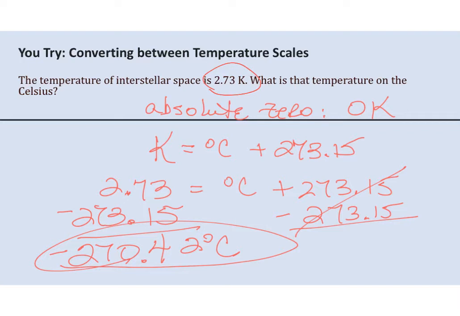And that theoretically is when all motion of an object ceases. In other words, it's impossible to get any colder than that. Scientists believe that it's theoretically impossible to reach that. They've gotten really, really close to that value, like infinitely close, but not exactly on it.